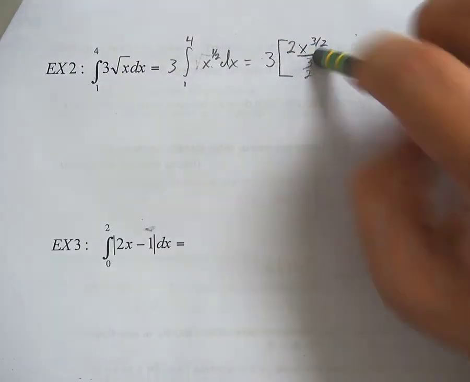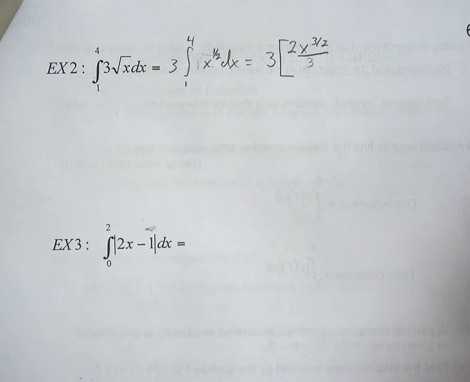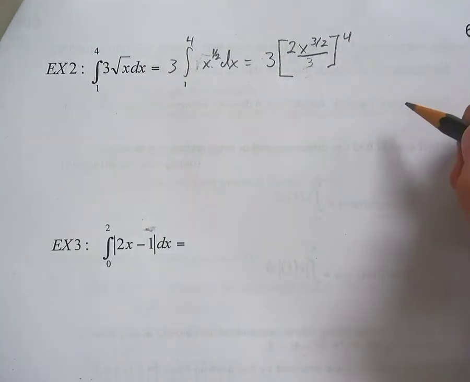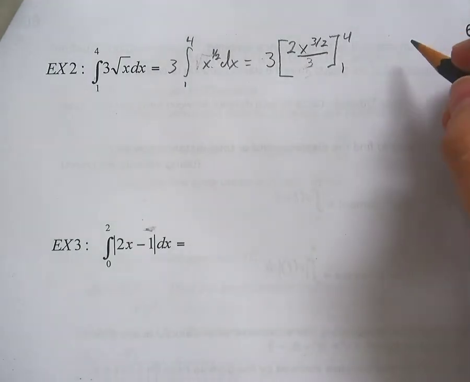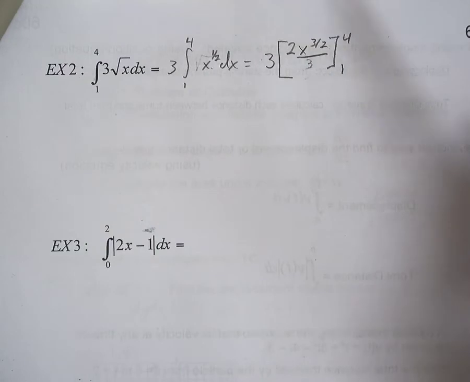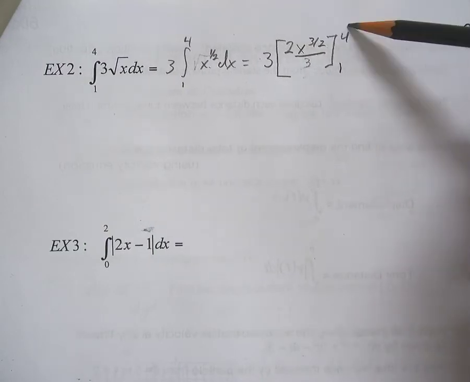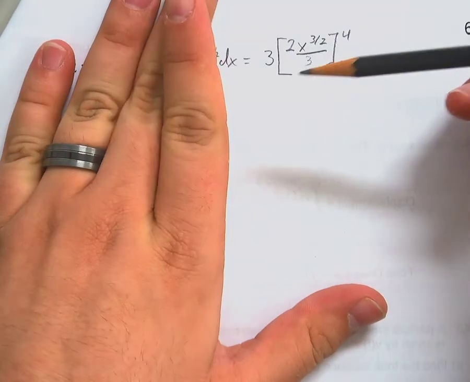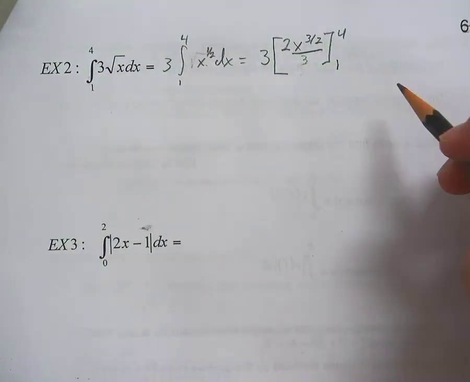So let's just say 2x to the 3/2 with a 3 on the bottom, evaluated from 1 to 4. Right? That's evaluated from 1 to 4. So I'm going to do the evaluation first and then multiply my 3 through at the end.